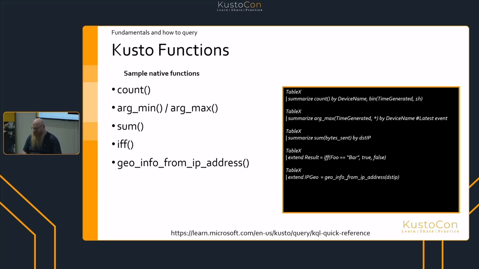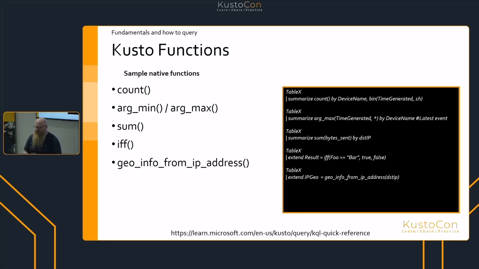We can also do if statements, and no, it's not a typo, it's double F in iff in Kusto. And we also have functions to do IP geo-info. So for instance, if we find an IP address in a command line, we can extract the IP address and match it, use regex or something else. And then we do the geo-info from IP address function on that IP.